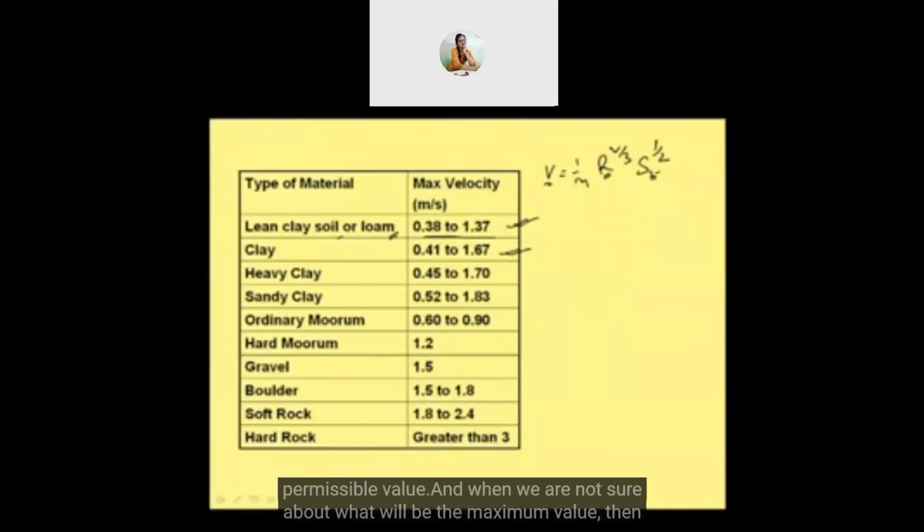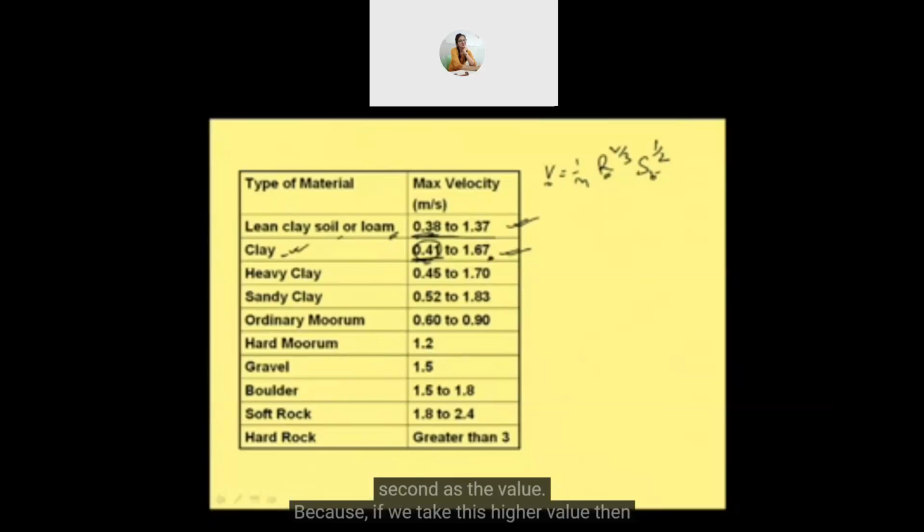And when we are not sure about what will be the maximum value, then we should go for the minimum value of what is being suggested as the maximum velocity, because the range can be from 0.41 to 1.67 for clay, say. So if it is clay and we do not have much idea, we should be conservative in our design, and we should use 0.41 meter per second as the value. Because if we take the higher value, we may not be sure that at lower than that also the clay surface can get eroded.